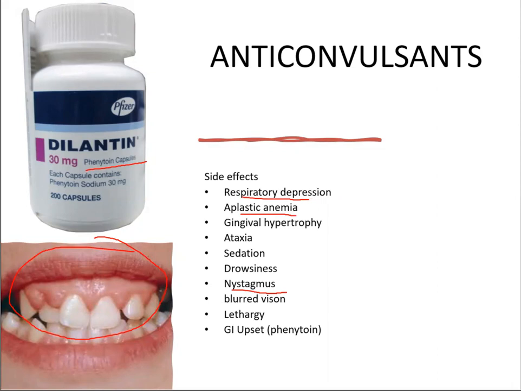These movements often result in reduced vision and depth perception, and it also can affect balance and coordination. These involuntary eye movements can occur from side to side, up and down, or in a circular pattern. So you're going to have blurred vision as a result of that. We could also see lethargy, and again, we could also see GI upset with phenytoin or Dilantin.